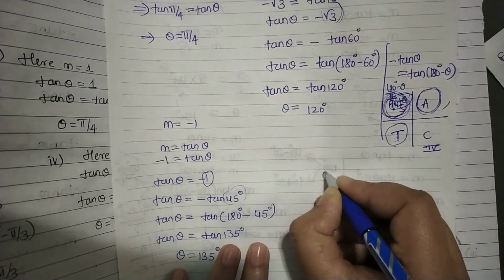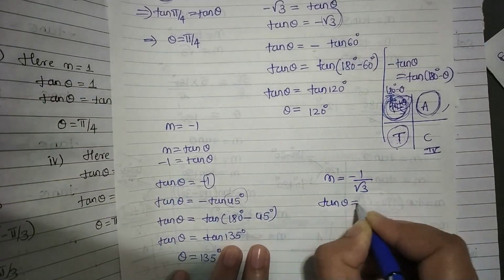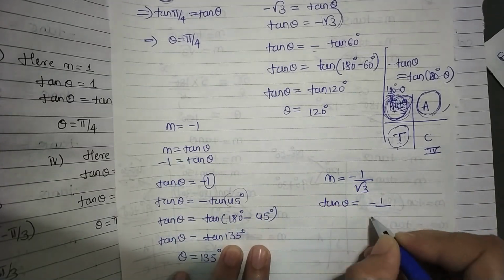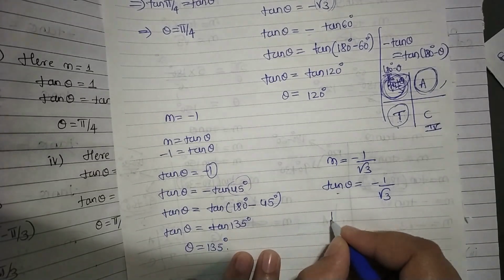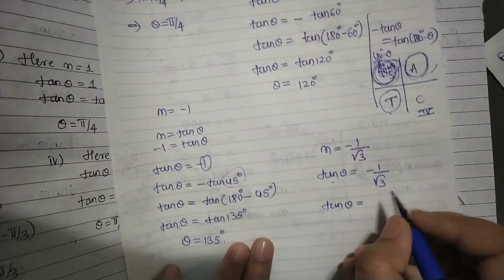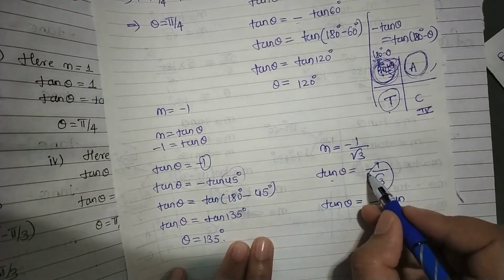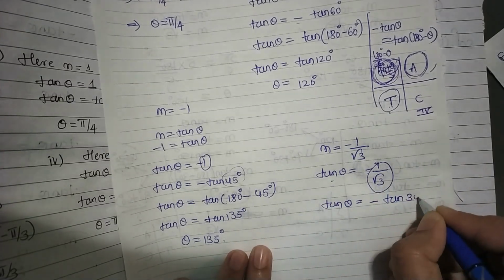M is equal to minus 1 by root 3. Tan theta is equal to m, or m is equal to tan theta. So tan theta is equal to minus 1 by root 3. For what angle is the tan value 1 by root 3? 30 degree.